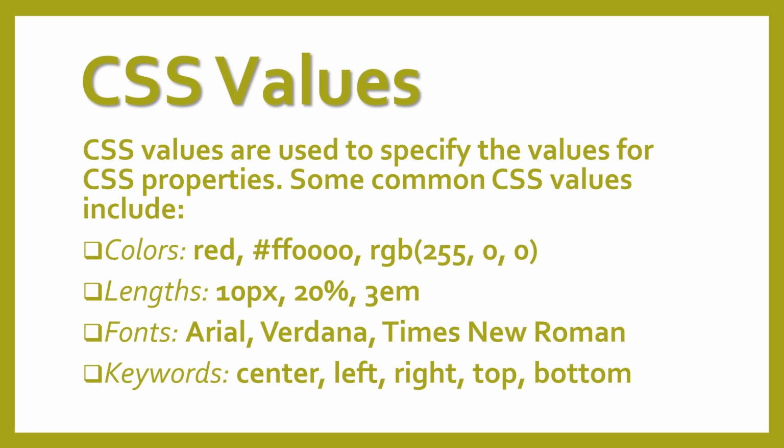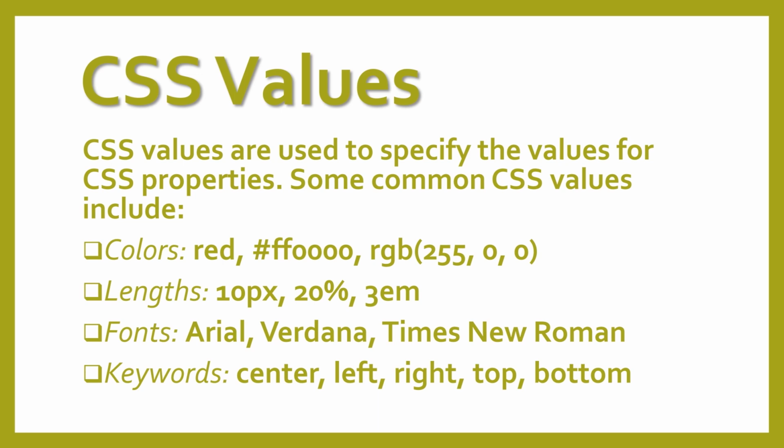And then we have the length. The length value says the length of an element. So you can set the length of an element to 10 pixels, 20%, 3 em, and all that. And then we have fonts. Examples of some of the fonts are Arial, Verdana, Times New Roman, Sans Serif, and there are a lot of different font families in HTML and CSS.